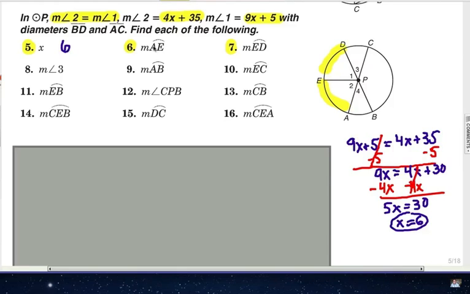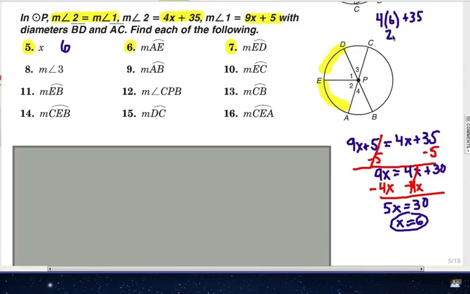Now if we're looking for a measure of arc AE, that is this right here, and it's going to be the same as the central angle, so that's going to be angle 2. Let's substitute the x value of 6 into the angle 2 expression. Now it's 4x plus 35, so that's really 4 times 6 plus 35.